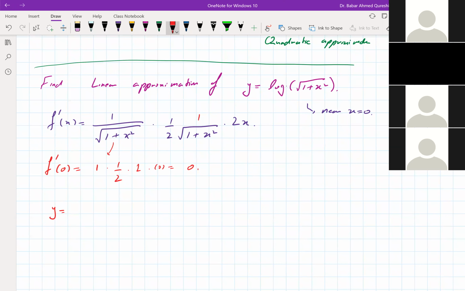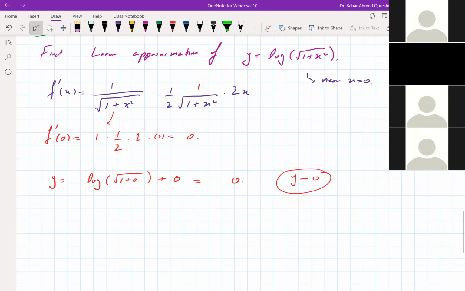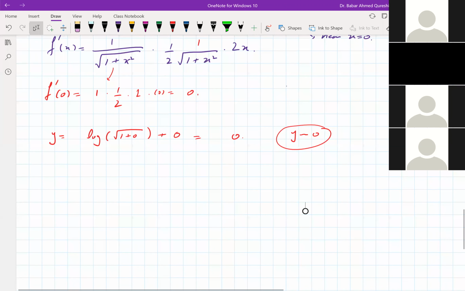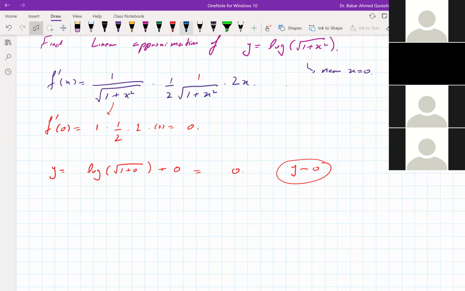Linear approximation is log evaluated at 1, at 0. So log of 1 is just 0. So that's the linear approximation. Y is about 0. To capture anything changing, I have to go to the second derivative.